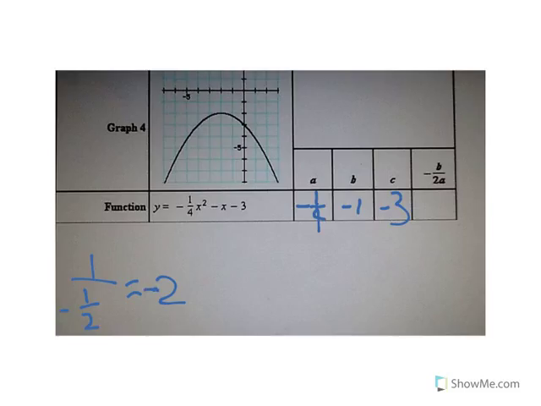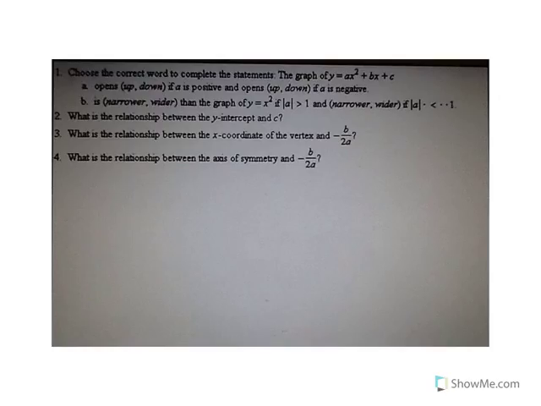I forgot the negative there for a second. So -2 is going to be my line of symmetry right there. That makes perfect sense. And if you look again, I could find the y value by plugging -2 into this equation again, but I'm not going to do that because I already did that a couple of times to show you.